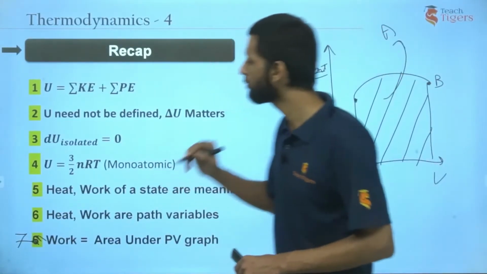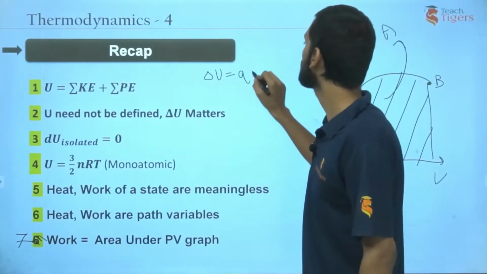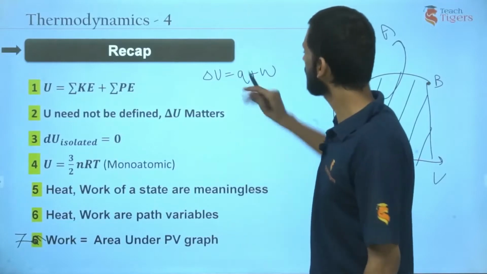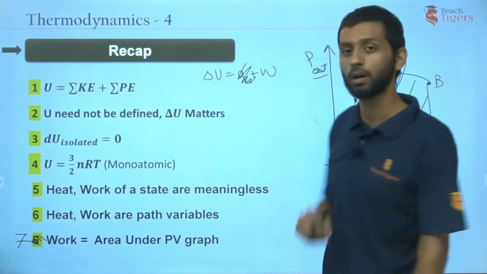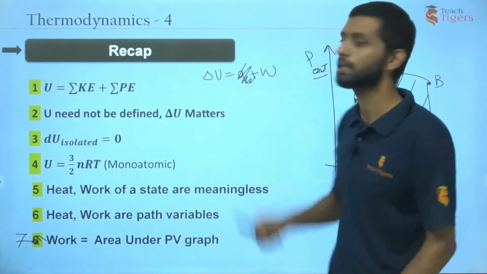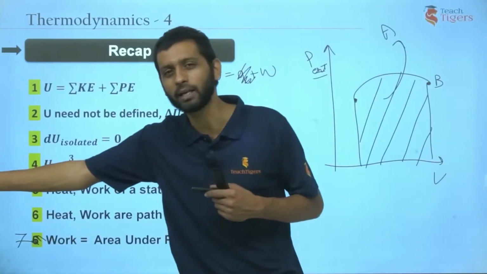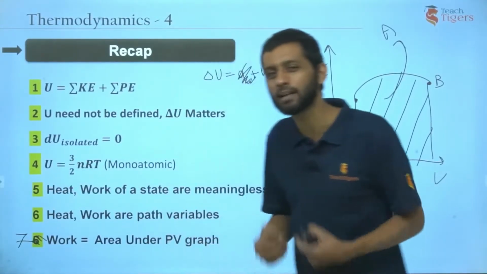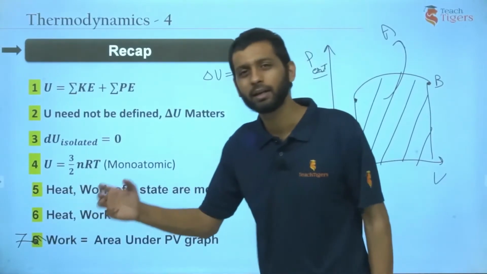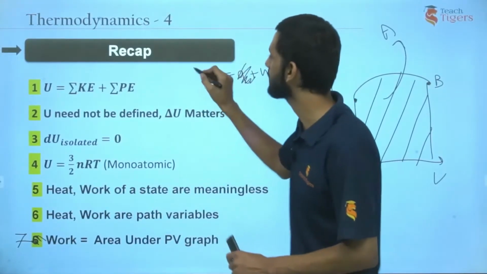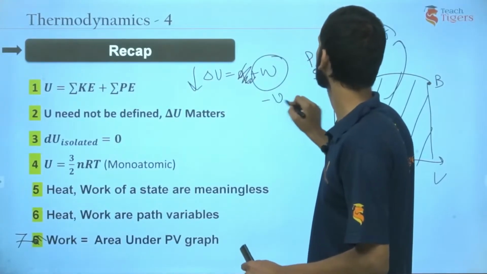And we know the first law of thermodynamics says delta U equals Q plus W. Now let's forget about Q for a second and only focus on work. In case our system pushes onto the surroundings, then it has to do some work. It has to use its own energy to do work. And as a result, the energy decreases. If the energy decreases, then work should be negative.